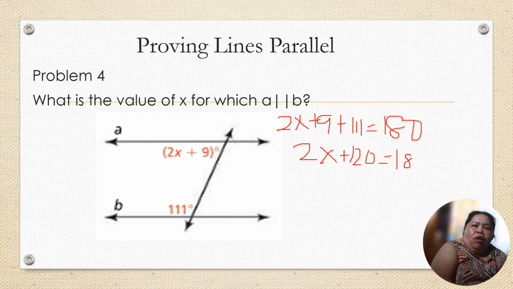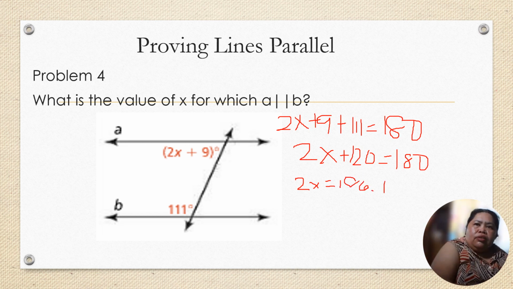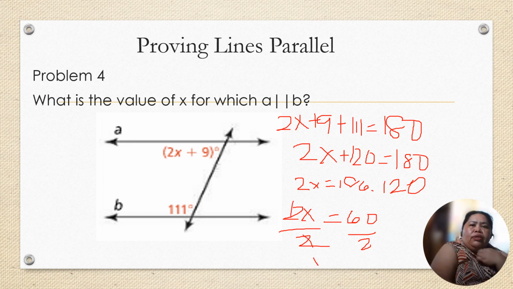And we got 2x equals 180 minus 120. That is 60, divided by 2. X is equal to 30.